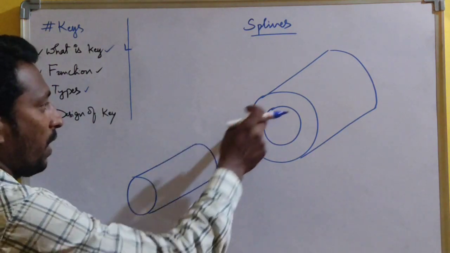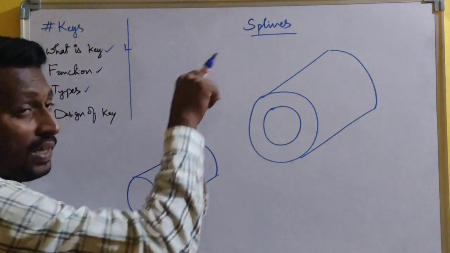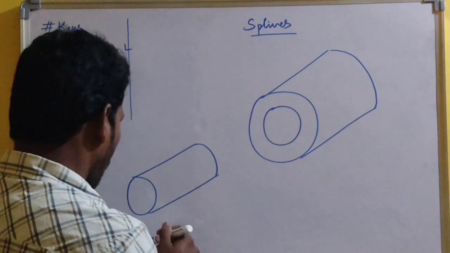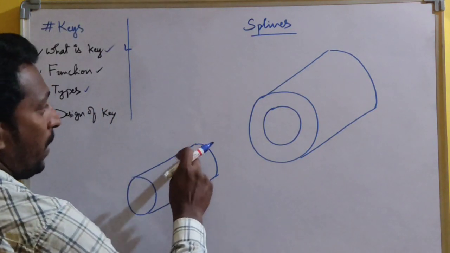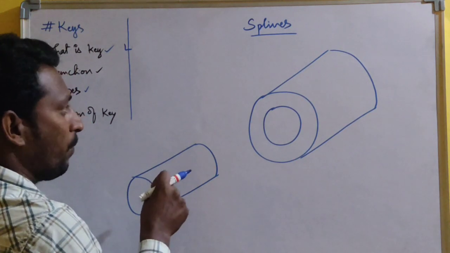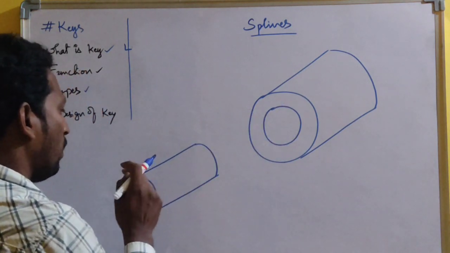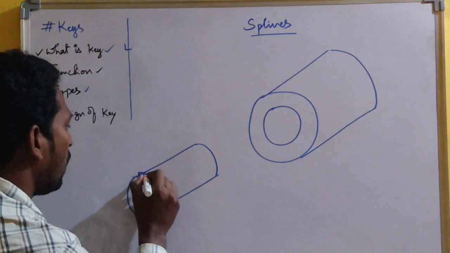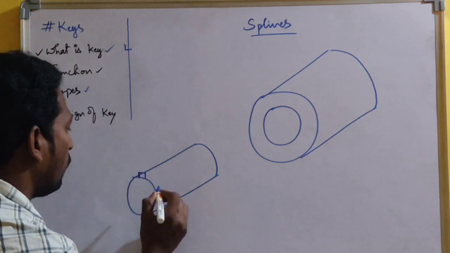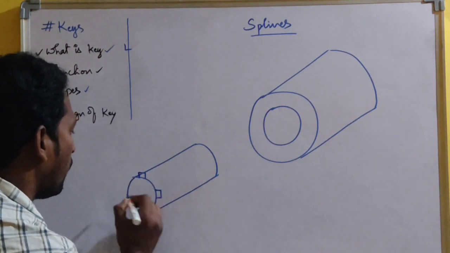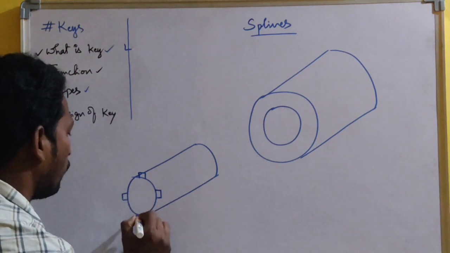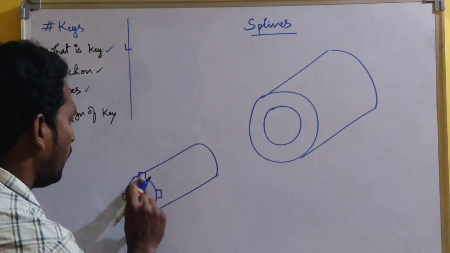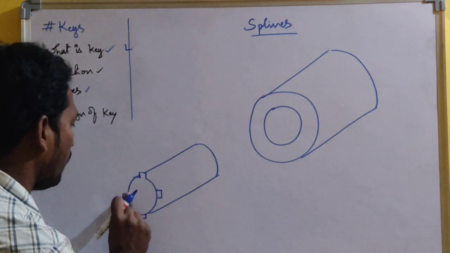Into that rectangular slot we inserted one rectangular key. But here, instead of keeping one rectangular key in the slot, we have to change the profile of this solid shaft like this. See that here, many keys are integral with the solid shaft.